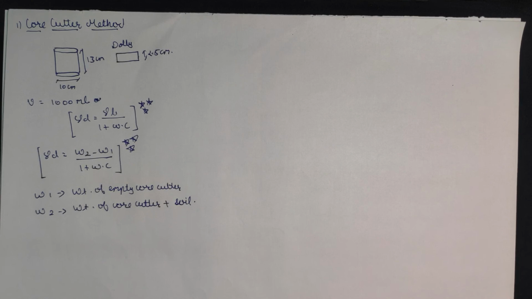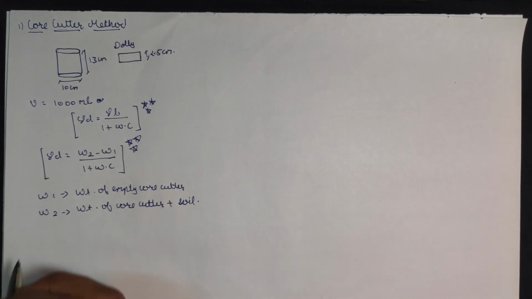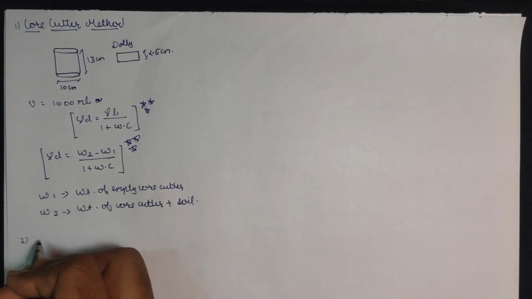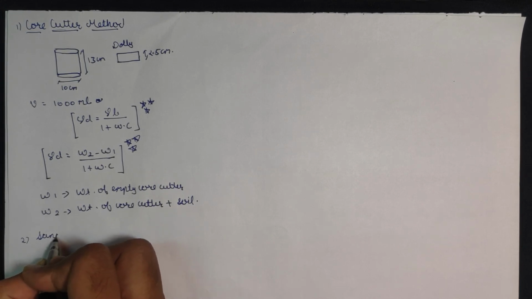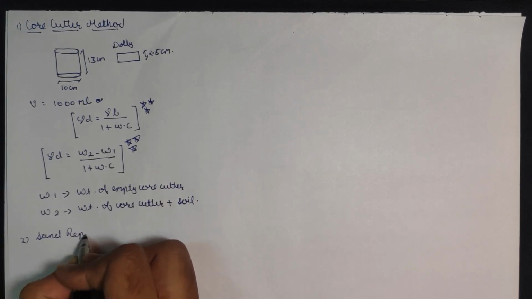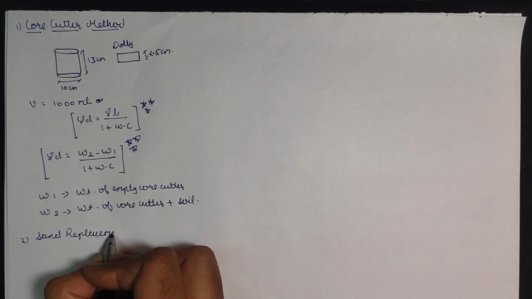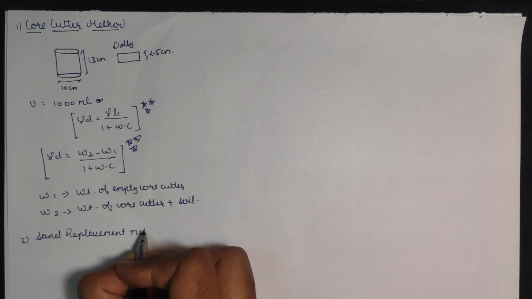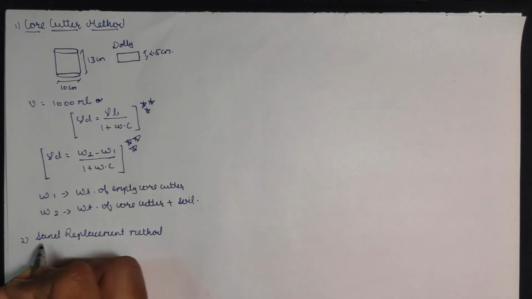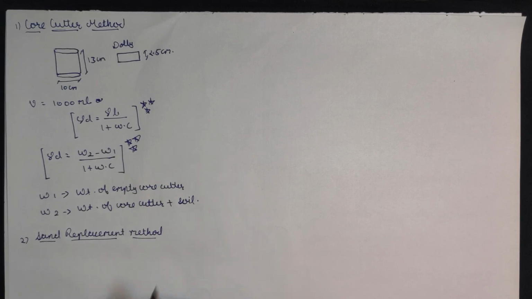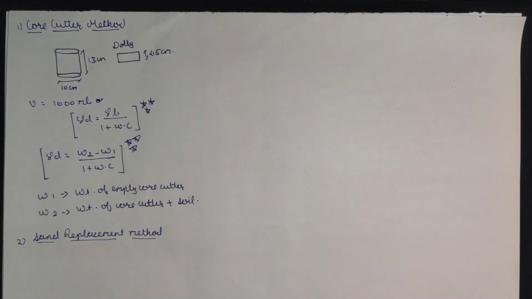The next important method is sand replacement method. The formula which is utilized to find the dry unit weight is same as the core cutter method for the sand replacement method.